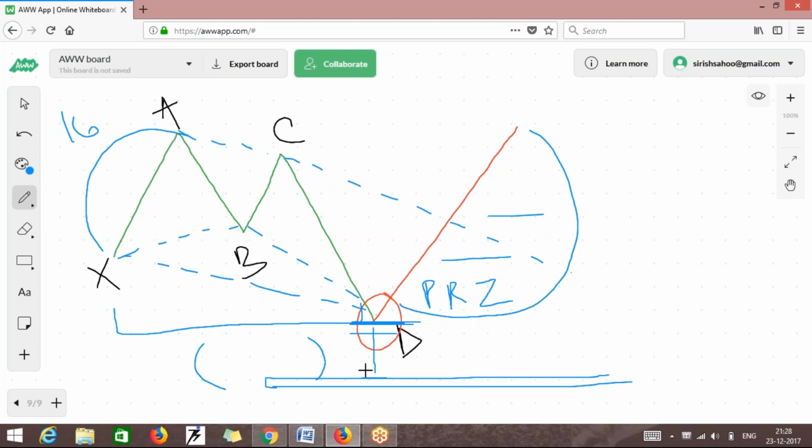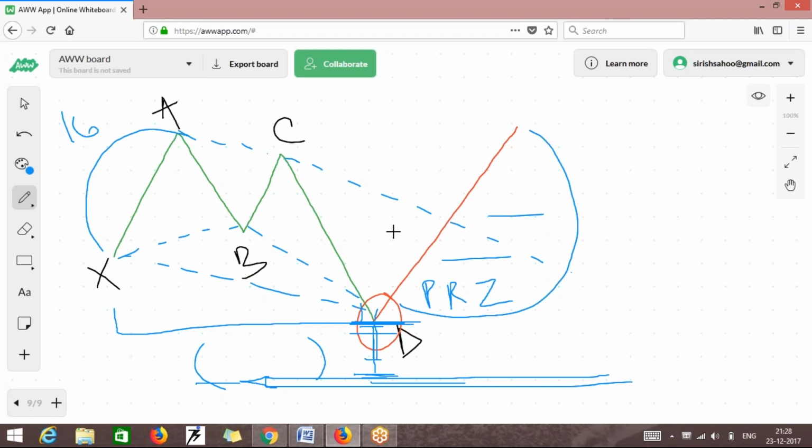But I would suggest taking a support which was forming a previous support for this. But as per the criteria mentioned in harmonic patterns, it's just at this level. If you're taking a trade 10 to 15 points down the line to this level, this could be your SL zone.